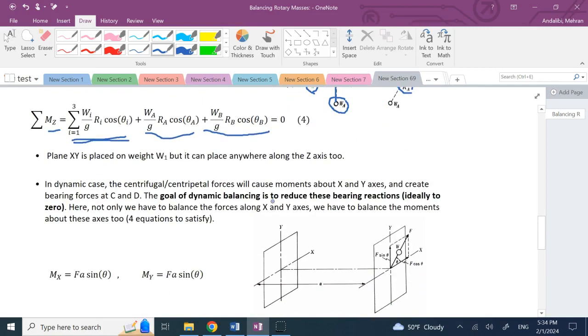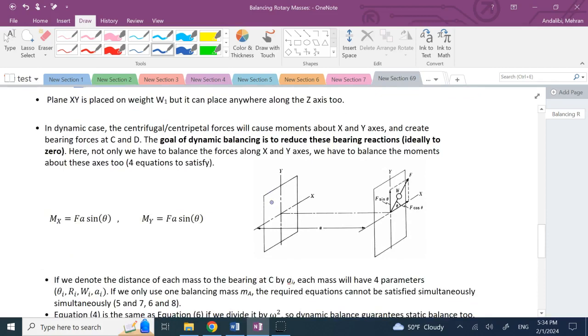Now let's look at dynamic. In dynamic scenario, it's a little bit more interesting. Why? Because here, this is this mass that I put in this location, W at radial distance r angle theta, and this F here is the centrifugal force corresponding to it.